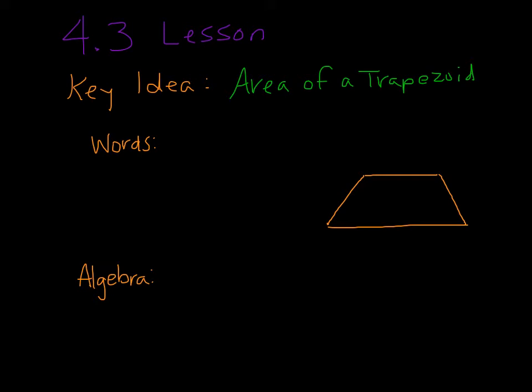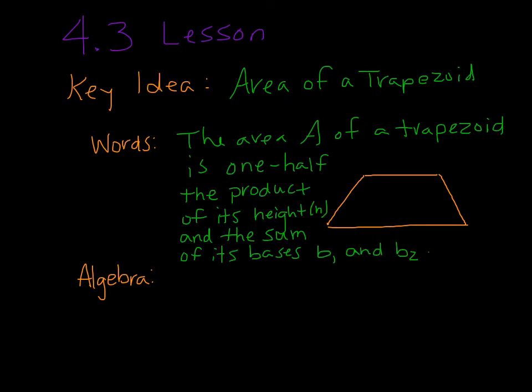So in words, this means the area A of a trapezoid is 1/2 the product of its height h and the sum of its bases b1 and b2.